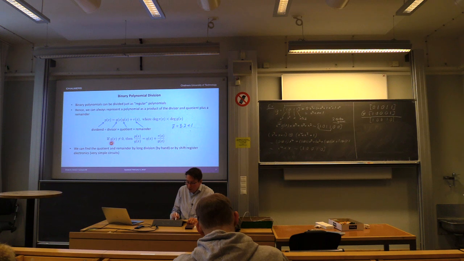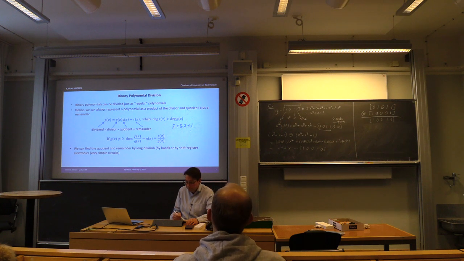Okay, so if g, the divisor, is non-zero, which is the interesting case here, then we can write p divided by g as the quotient q plus the remainder r divided by g, just as before. It turns out that doing this type of polynomial division is actually very easy to do in hardware.